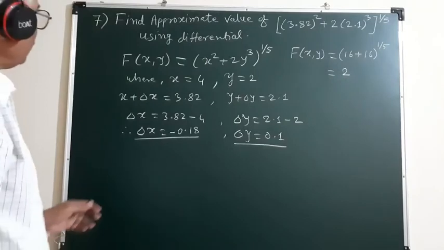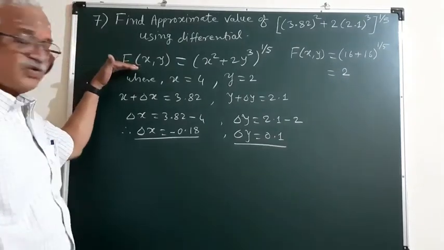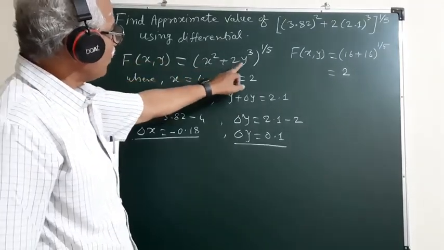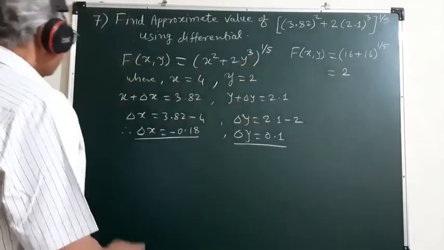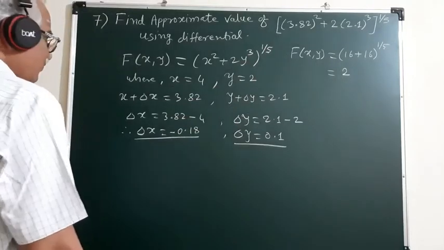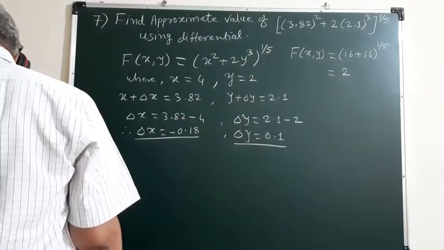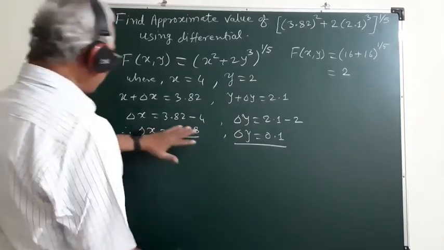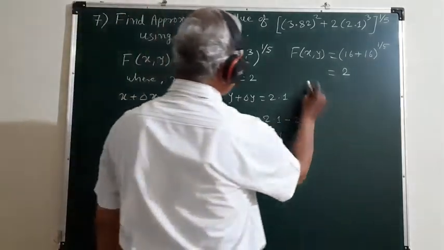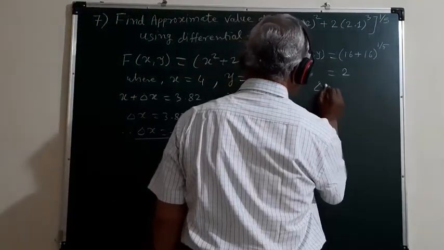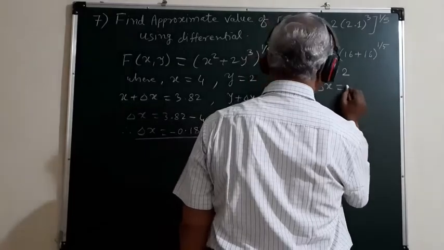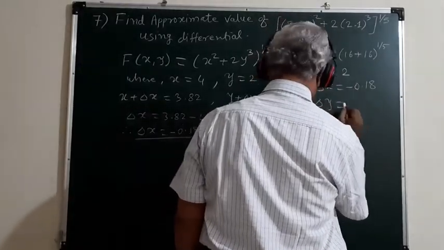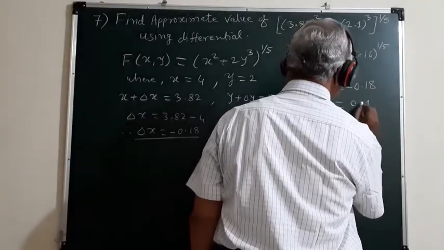Now we are given this function f of the two variables x and y, expressed in the form (x^2 + 2y^3) raised to 1/5. So we can obtain the expression for df, the total differential of this function. The values of delta x and delta y we shall write on this side: delta x is equal to minus 0.18 and delta y is equal to 0.1.